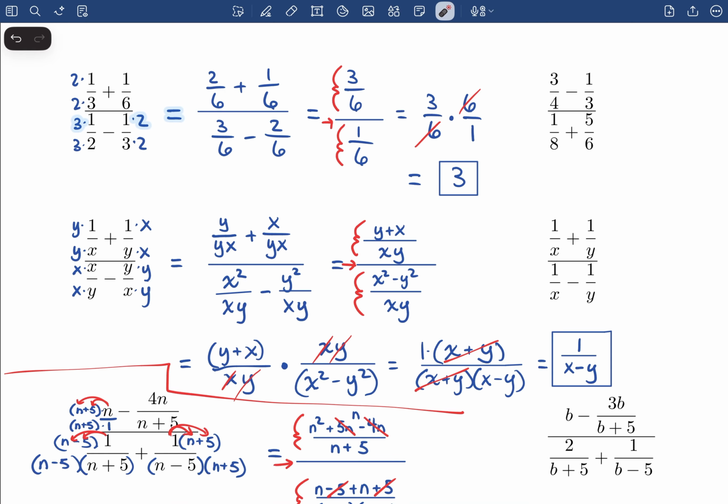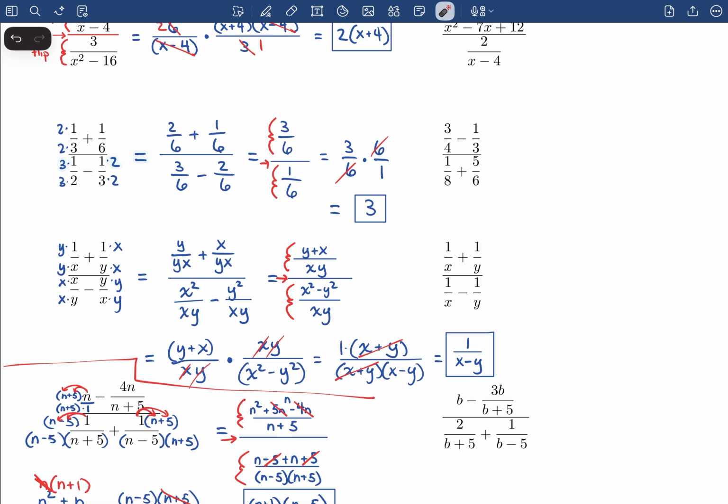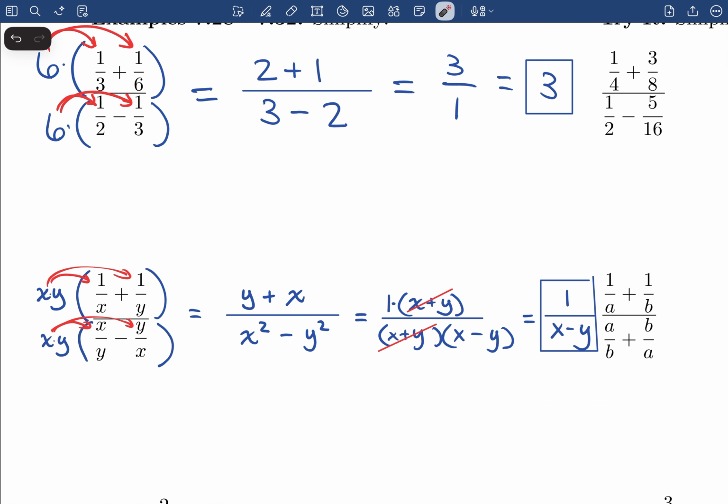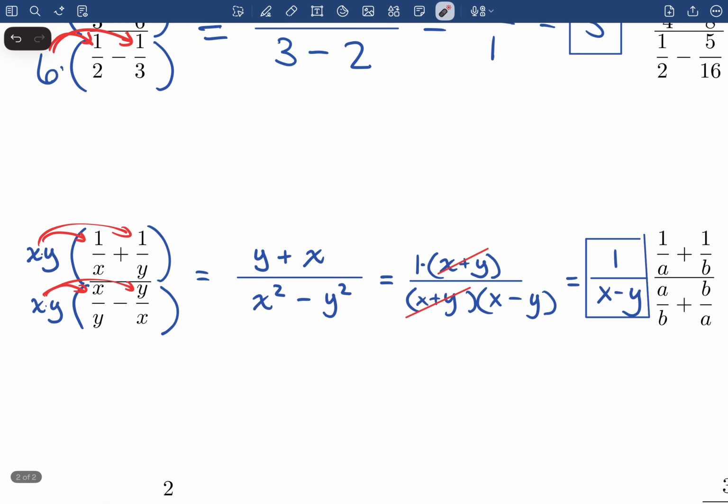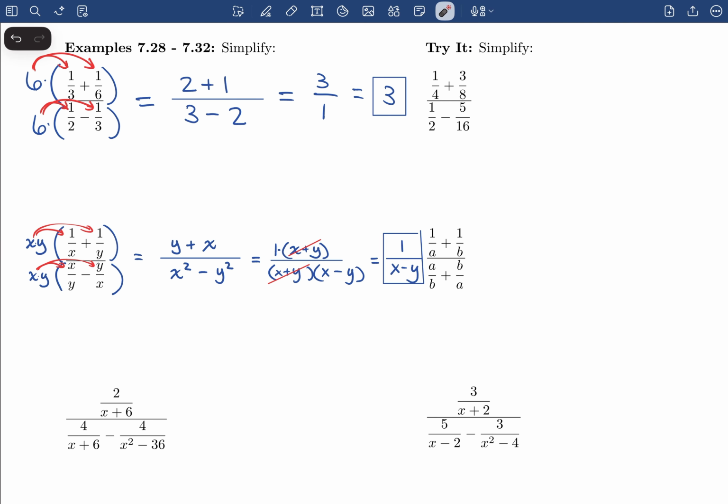But then we still had to get out our factoring skills, like we saw the difference of squares, and we ended up with the 1 over x minus y that way. And then here was us doing our new method of multiplying everything by the LCD right at the beginning of the problem, right? Multiply everything by the LCD. It simplifies to this. Then we got out our factoring skills to see that things canceled, and we had our answer. So the choice is yours. You could think to do it in either of those two ways that we've described so far today.